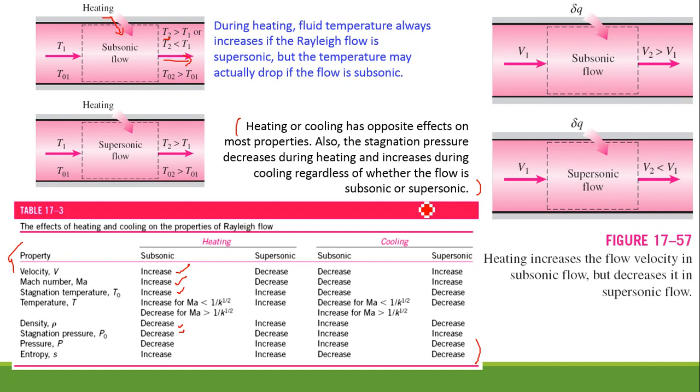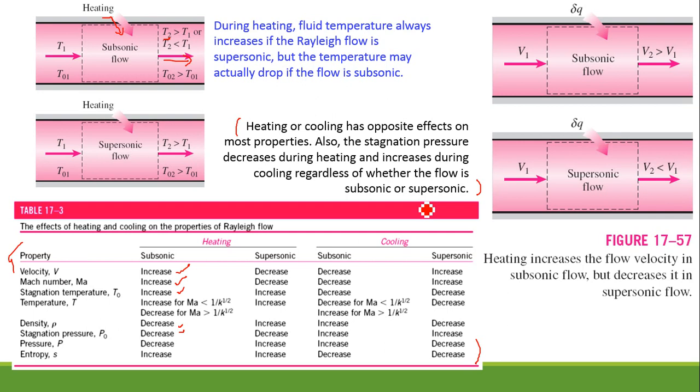So also listen, in subsonic flow, because of the entropy, the Mach number is also increased. In subsonic flow, by heating the entropy increases, and by cooling the entropy decreases.